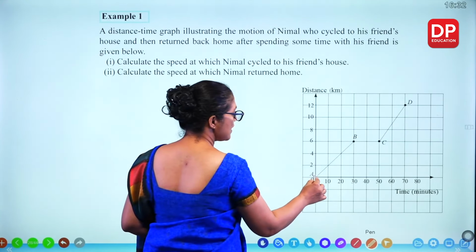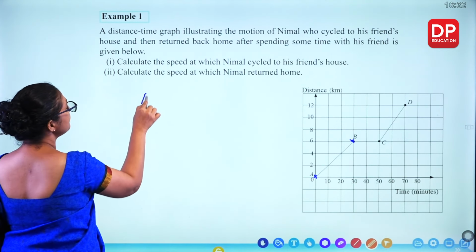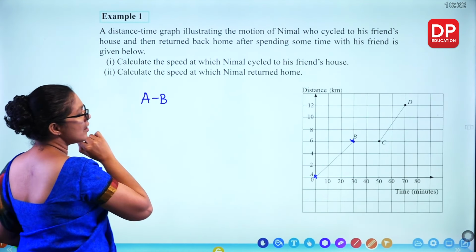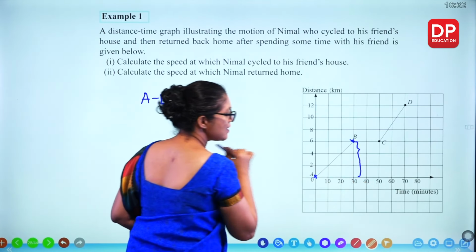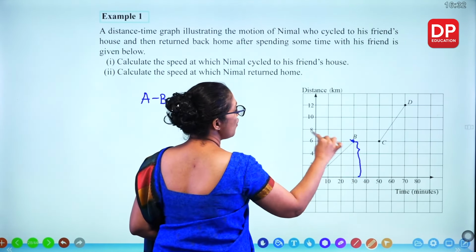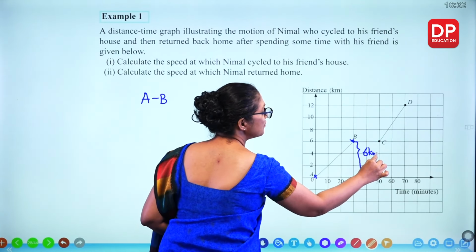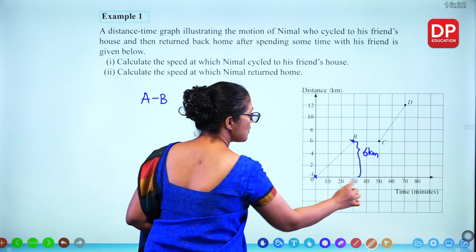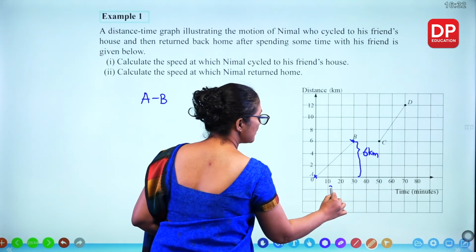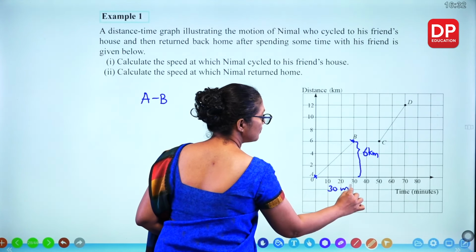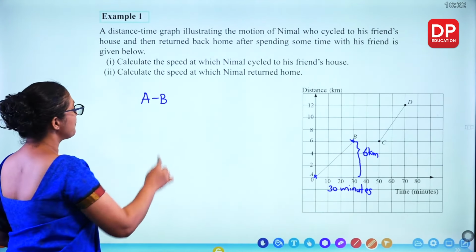So if you take this point and this point, A to B, what's the distance? So the distance traveled is this much. 6 kilometers minus 0. So 6 kilometers here. Then what's the time taken here to here? 30 minutes. So what's the speed?